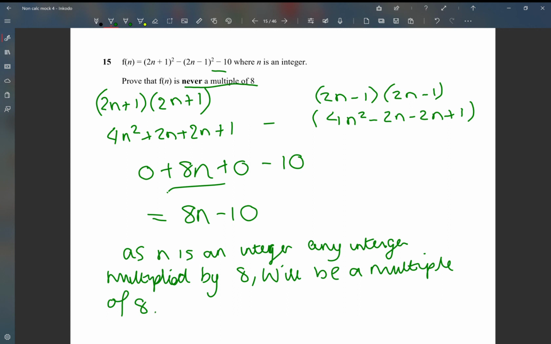So this part here will be a multiple of 8.